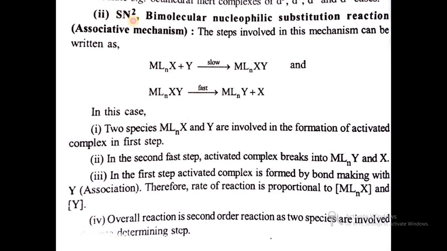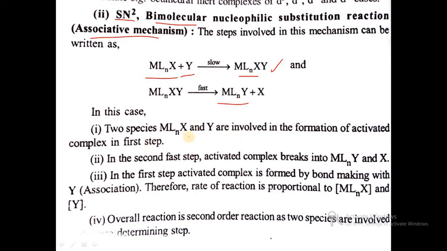In the case of SN2, bimolecular nucleophilic substitution, that is an associative mechanism, the steps are as follows: MLnX plus Y. Here association is important, and we get the intermediate MLnXY, which is the slow rate determining step. In the second step we get the product MLnY.